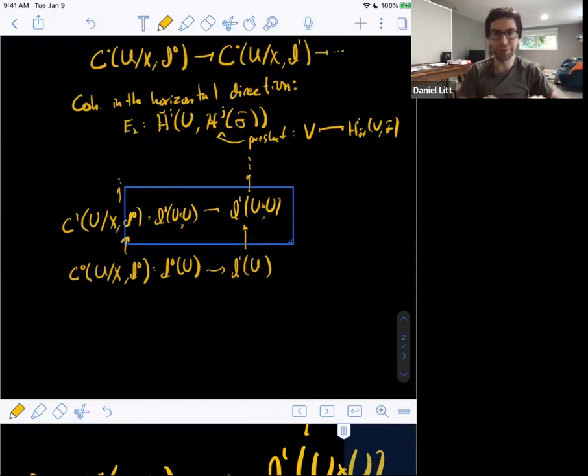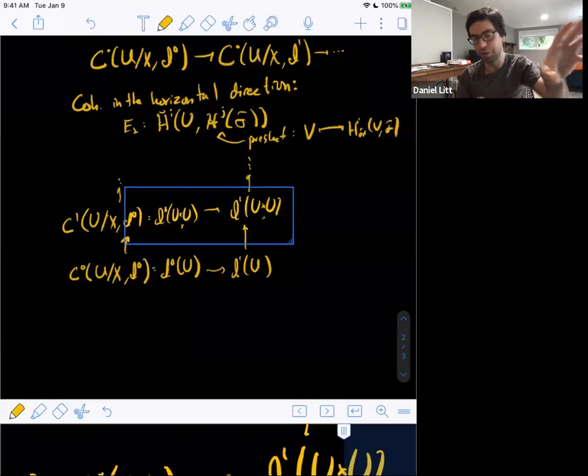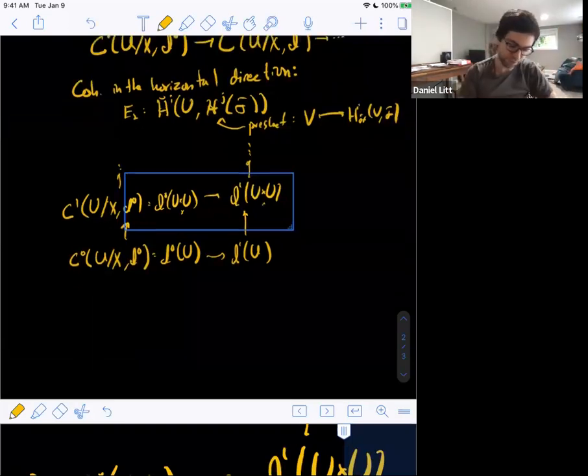You should convince yourself that there's a spectral sequence associated with this double complex, so this is the E2 page.